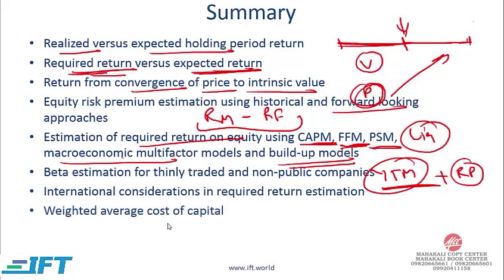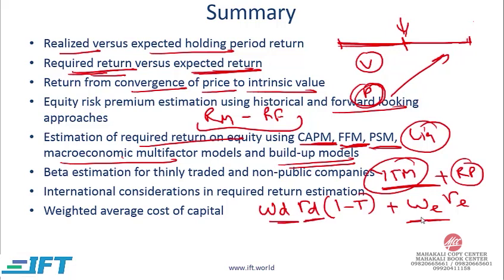Weighted average cost of capital. This is simply the weight of debt times the cost of debt times 1 minus t, and the weight is based on market values. The cost of debt is a marginal cost. This is added to the weight of equity times cost of equity.